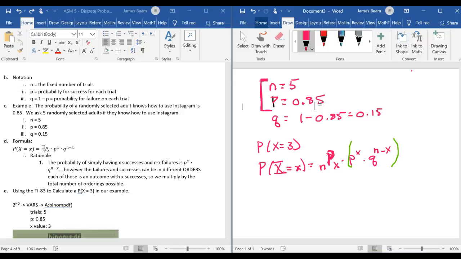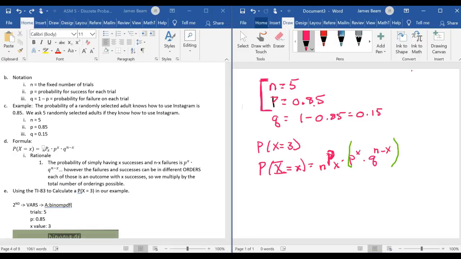I multiply that all together, and that's the probability of an outcome that has x successes and n minus x failures. Kind of. The problem is that that tells you the probability if you order the successes and failures one way.